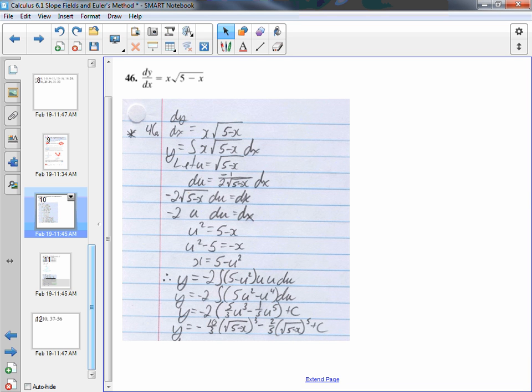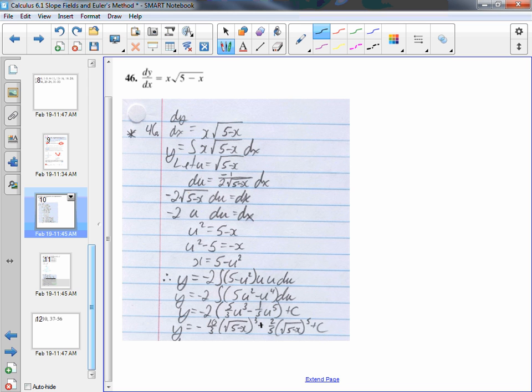So, any integration technique we've ever used is fair game. Yeah. Ooh.